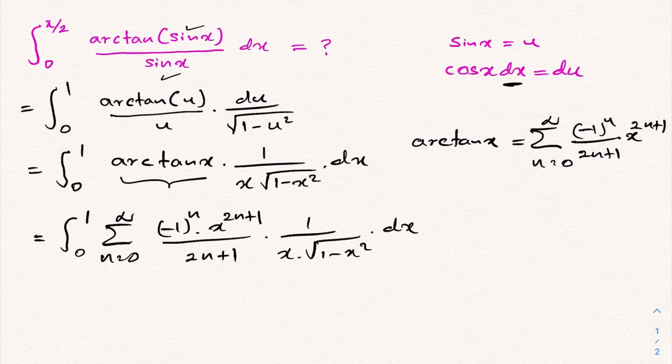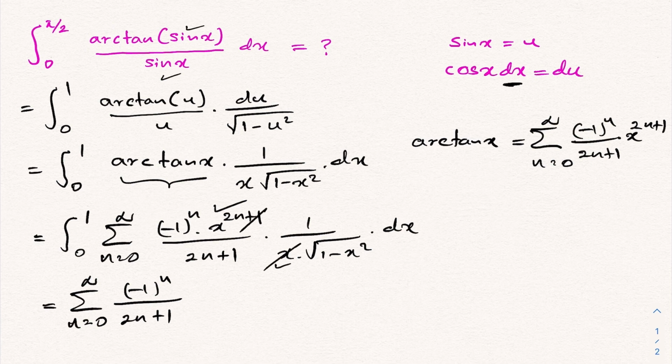Okay, then now we know we can switch the integral sign and sigma notation. So here the sum n equal 0 to infinity of minus 1 to the n power over 2n plus 1. Then here we have x to the 2n plus 1. Here we have x, so we know this x gets cancelled.